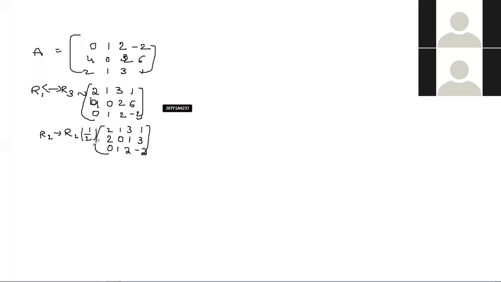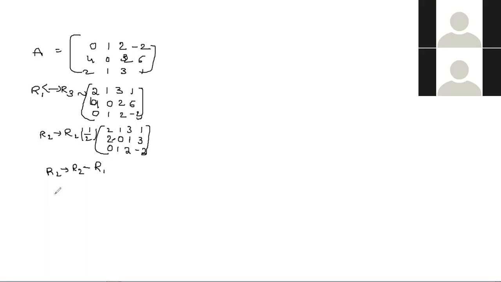Now what is the first step? The first step is that we need to make this element 0. Of course here it is already 0, so no need to make it 0 again. So we need to make this element 0. For that, r2 with the help of r1: here it is the same constant and same sign, so no need to multiply with anything.